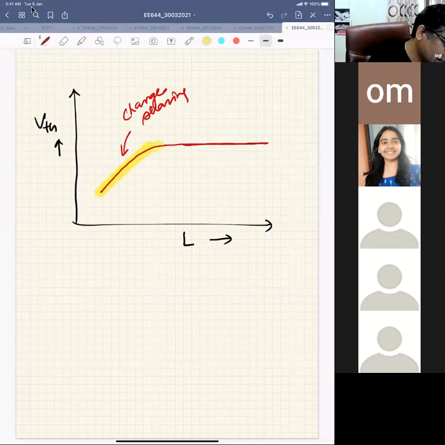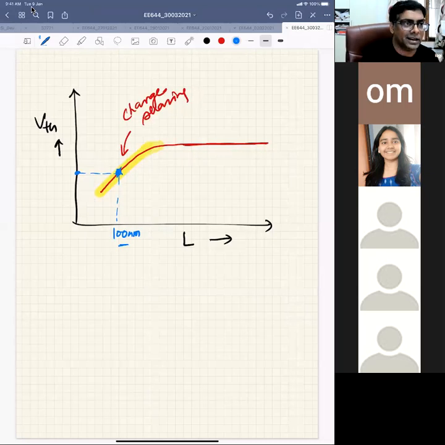I'll give you just one example. Let's say you have designed your transistor, and this length is 100 nanometer, and you know this is the threshold voltage of the transistor. You have designed a circuit with 100 nanometer long transistors, but during fabrication, because of some variation, your 100 nanometer becomes 90 nanometer.